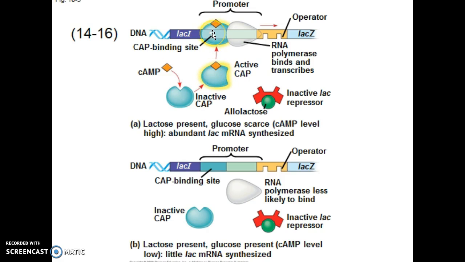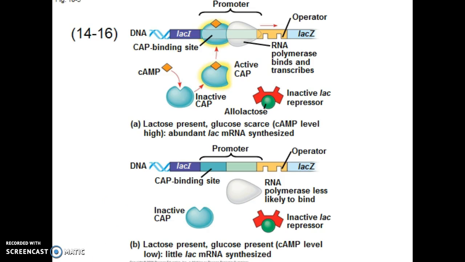It will bond to the promoter, and in this case it will allow RNA polymerase to bond, which will then cause transcription of the lac operon to occur. So this is when lactose is present and glucose is scarce. But on that previous slide, what happens when glucose is present? Well, now CAP becomes inactive, and we cannot have any transcription occur.